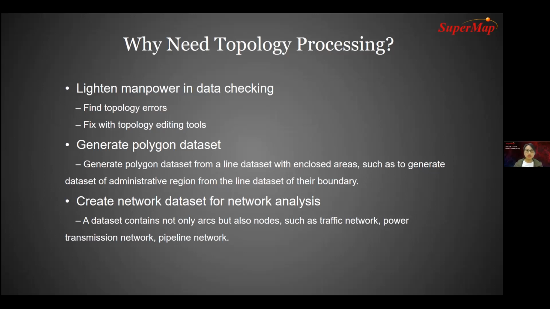And the third, which is the most important, is for the network dataset construction, also for the network analysis. We know that the network analysis can't work without the lines. So the network dataset is a dataset that contains not only arcs but also nodes, so the topology relationships must be checked before we can construct the network dataset.